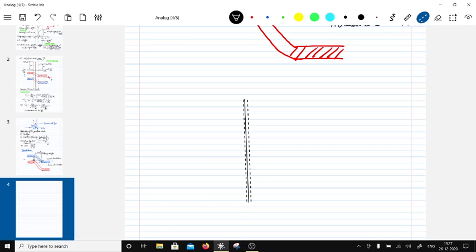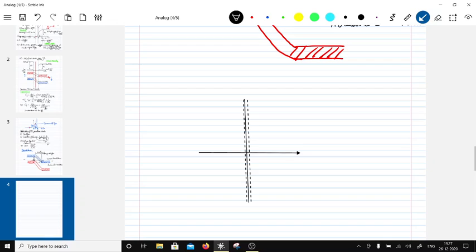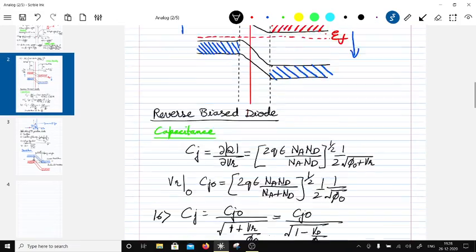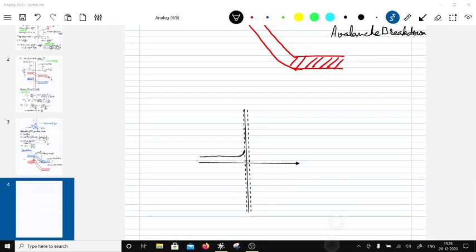Next, I'm going to draw the carrier densities here. This side, if you remember, is going to be electrons, and because they are forward biased, there is going to be a slope this way, and these are majority carriers on the other side.